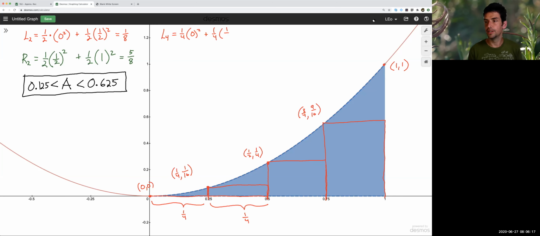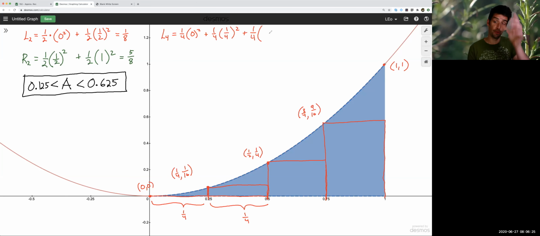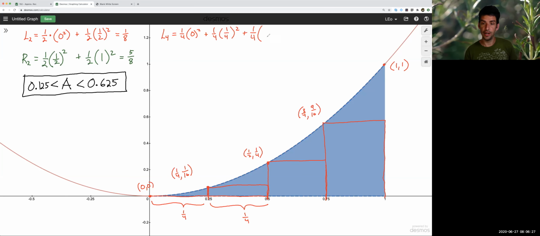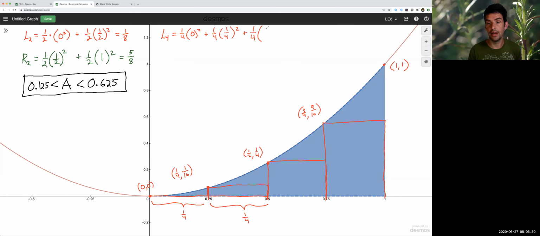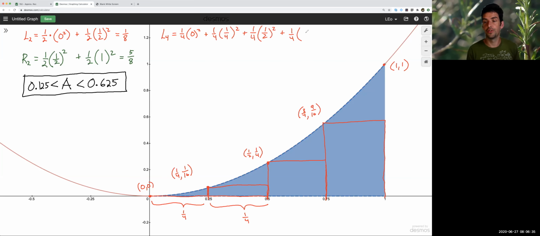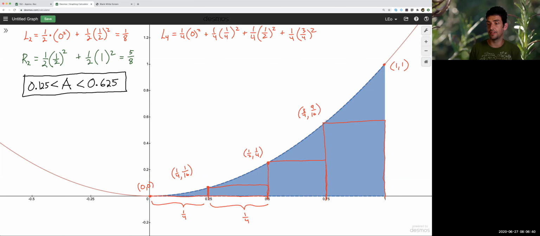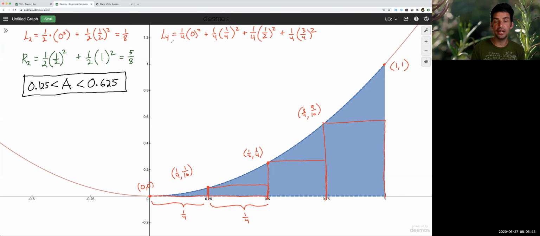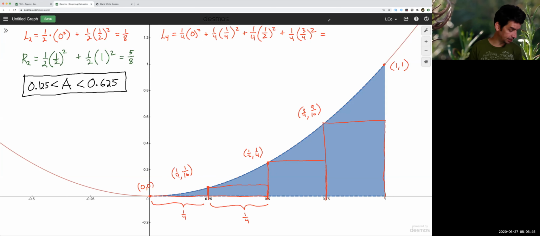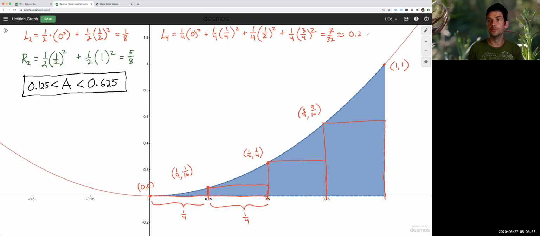So this is 1/4 squared. We get the next rectangle, which has a width of 1/4 again, but now the height is at 1/2 squared. And then 1/4 times 3/4 squared, right? So we're just taking the value of the function at the left endpoints to get these heights. And if you work this all out, we get 7/32. And let's just do this as a decimal. It's going to be about 0.22.